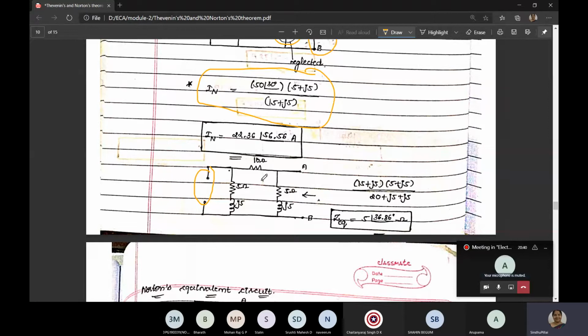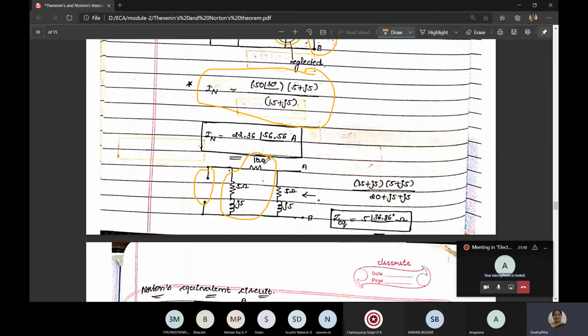Looking from the terminal AB, the 5 plus J5 branches are in series. This is also 5 plus J5, also in series. This part is open now, so this full branch is in series, that is 10 plus 5 is 15. So 15 plus J5 will be in parallel with 5 plus J5.